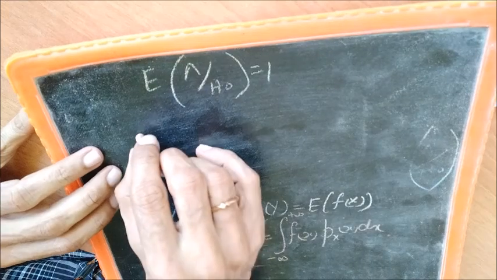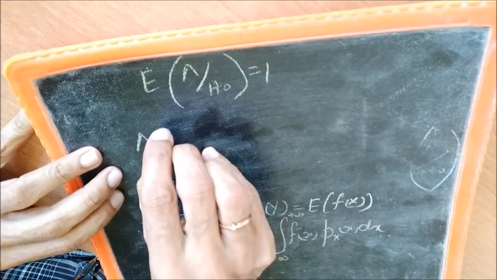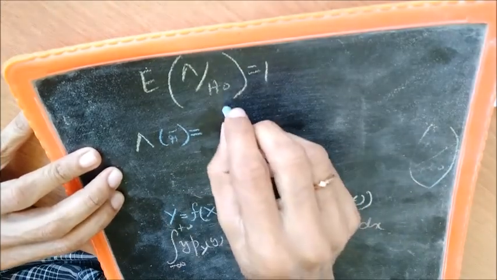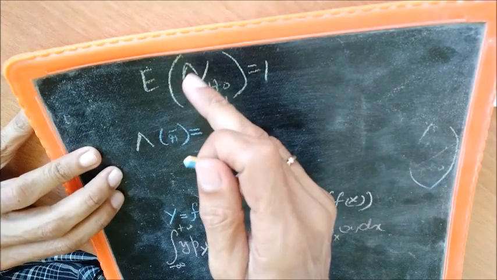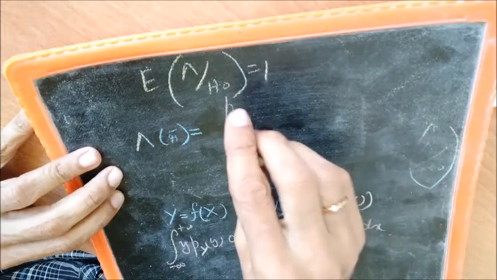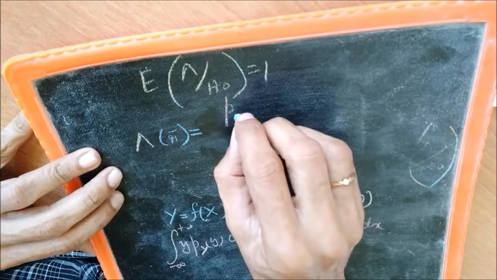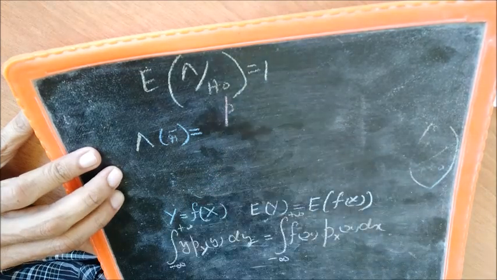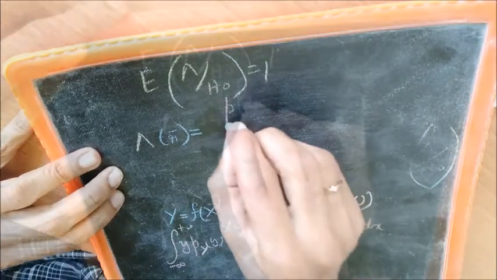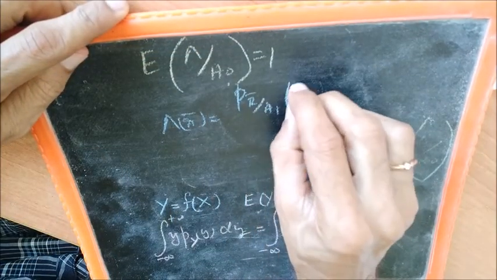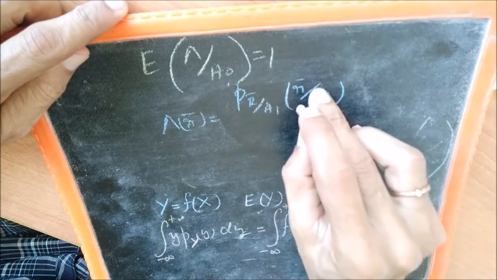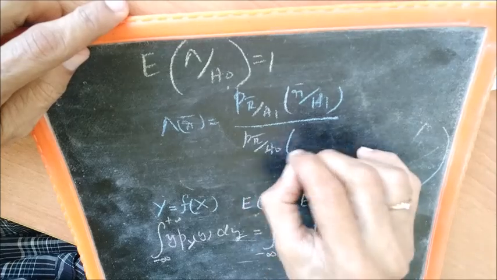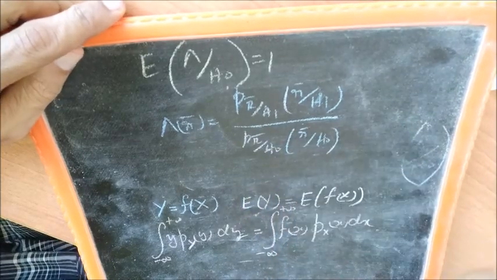We note that the likelihood ratio, since we are just having lambda here, we are talking about the binary hypothesis testing case, not the multiple hypothesis testing case which we discussed in the previous video, is equal to p(R|H1) divided by p(R|H0).